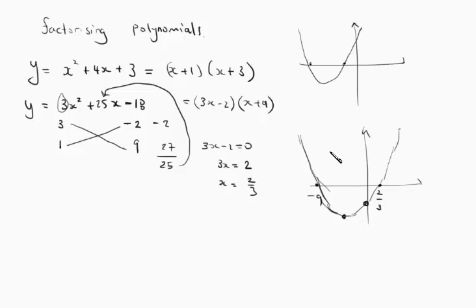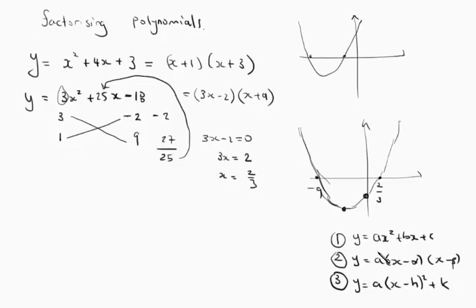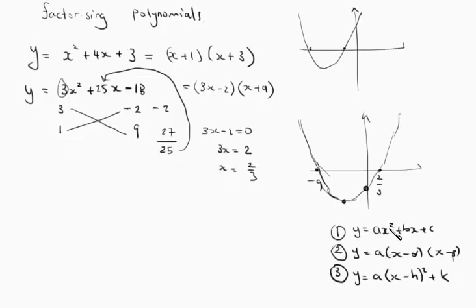We covered all of this in the previous lecture when we talked about the 3 different forms of quadratic: y equals ax squared plus bx plus c, y equals a, x minus alpha, x minus beta, and y equals a, x minus h squared plus k. If you missed this lecture, it's available online, so I can give you this video.